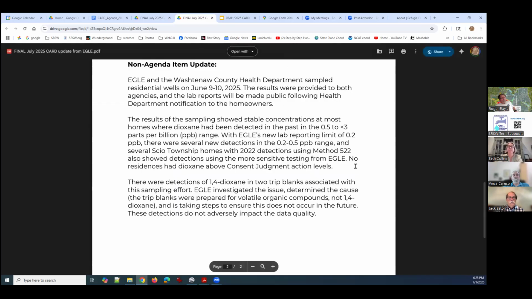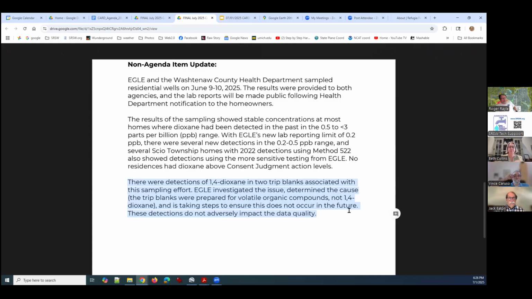about sampling residential wells, and we'll get those results once the county has made sure all the residents got their results before they make it public. And then there was this one little glitch: the blank samples they used to test this methodology showed dioxane.